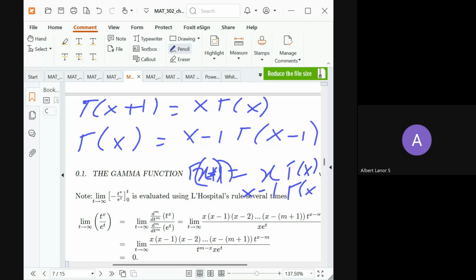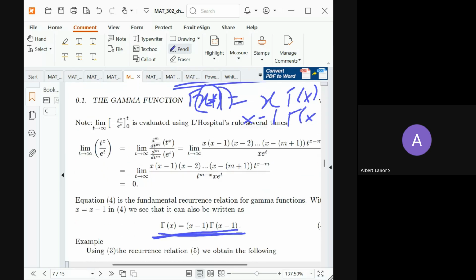So if you know a previous one, you can get the next one by multiplying by x. But if you also know the next one, you can get the previous one by dividing.